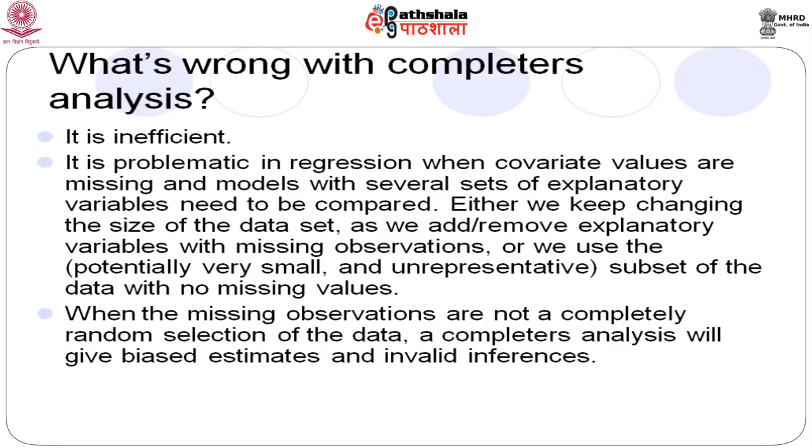You see that when you go on reducing the data set because of the missing observations, ultimately this subset may reduce to a very small data set, and as a result the information may be less and the inference will be much weaker. When the missing observations are not a completely random selection of the data, a complete case analysis will give biased estimates and invalid inferences.